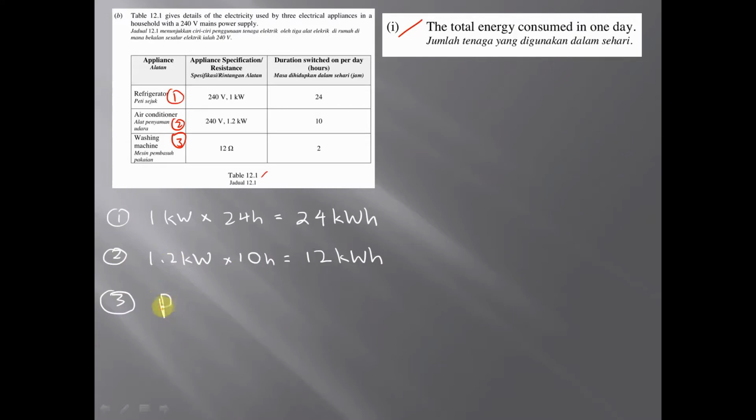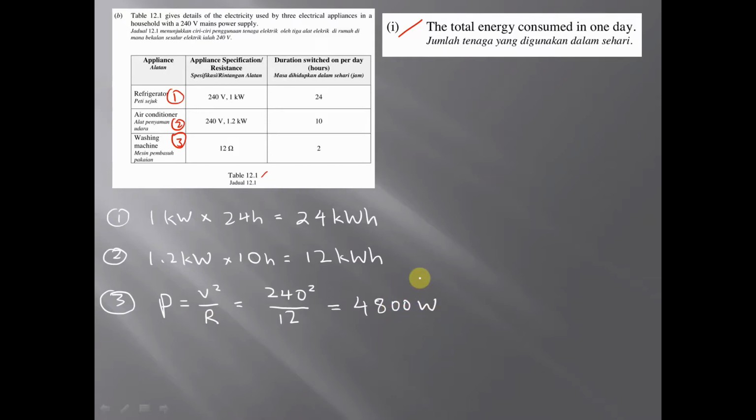If you remember previously, power is V squared divided by R. So basically it's 240 squared divided by R. According to the question, they are giving us 12 ohm. You can use a calculator to calculate this. You get 4,800 watt.